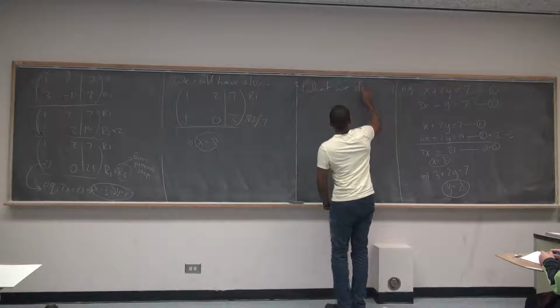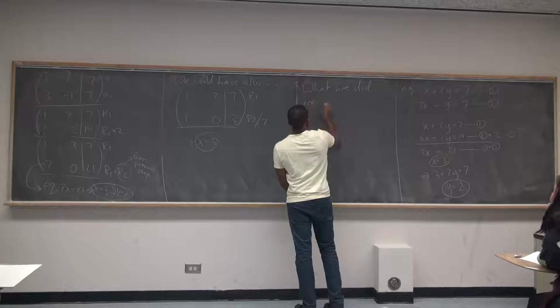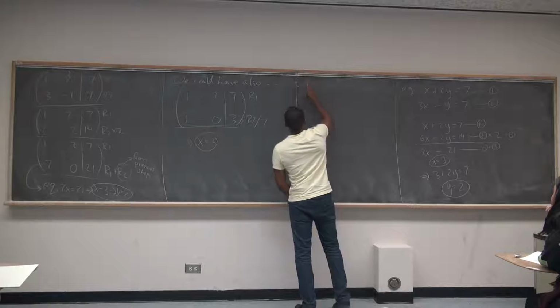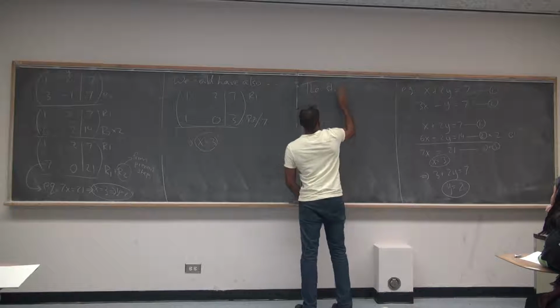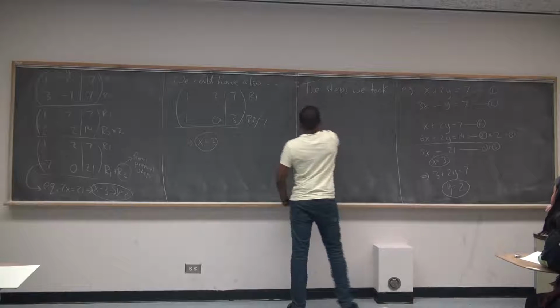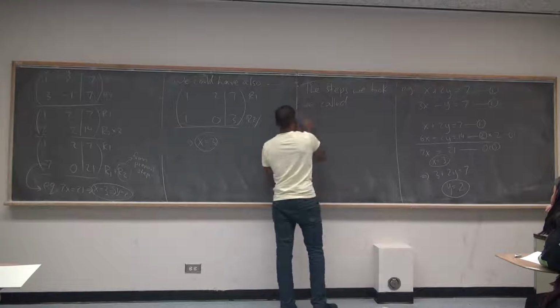What we did, the steps we took, are called elementary row operations.